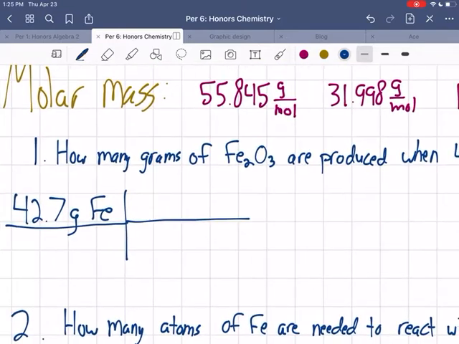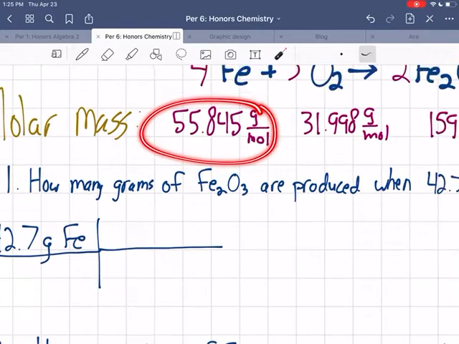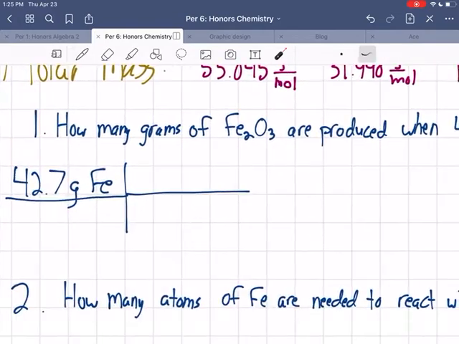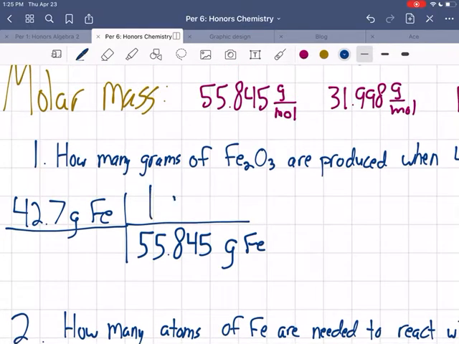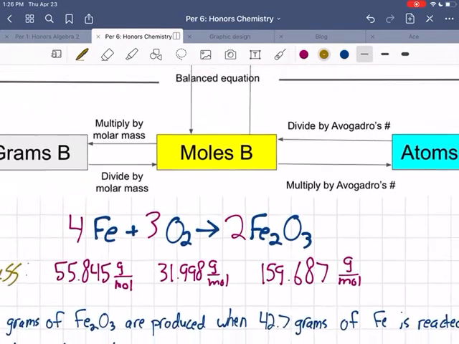So let's use the molar mass that we've already found. It's right here. That is iron's molar mass, 55.845 grams of iron per mole of iron.